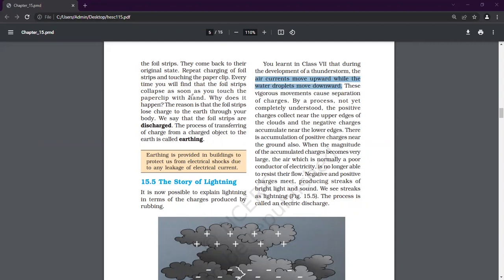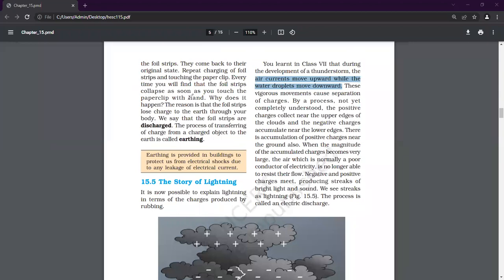Generally, as air is light in weight, it moves in the upward direction, and the water molecules in the form of rain move in the downward direction. So when there is a collision, a rubbing between these water molecules and the air current, due to the rubbing process, they both get charged.